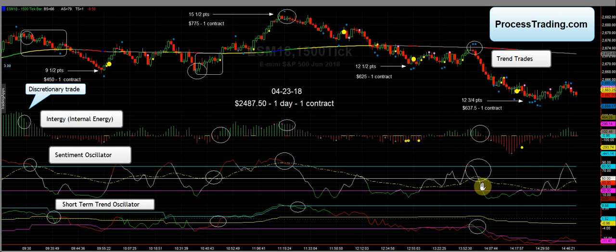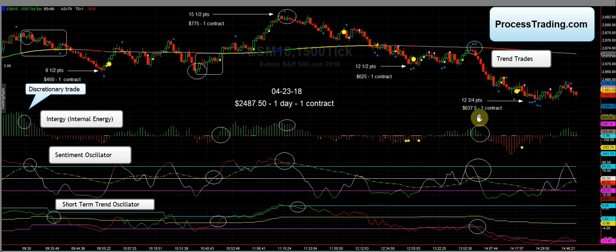Also, the sentiment oscillator, very importantly, the momentum is crossing through the sentiment oscillator right at that point, and it had just come down from the upper bound. And we also see the short-term trend line here. Although it had turned green, its slope is down, and it had just crossed through the lower bound.